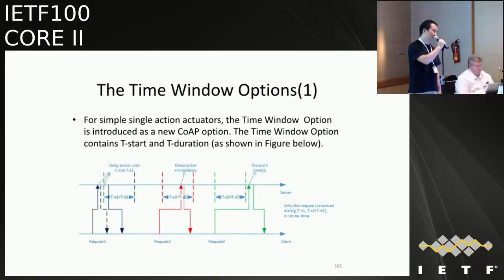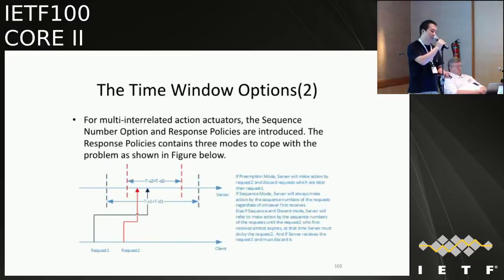When the message is received in the time window, it may act immediately. But if it is received after the time window, it may be discarded. And this is for the single message request.